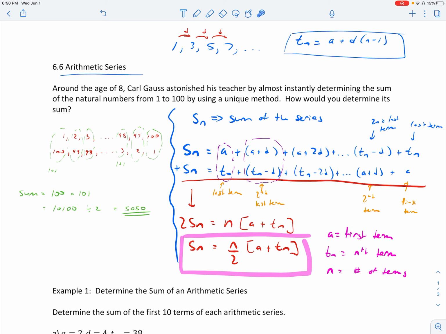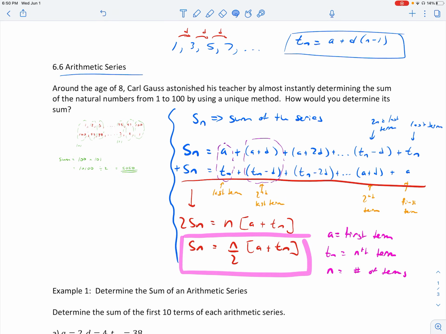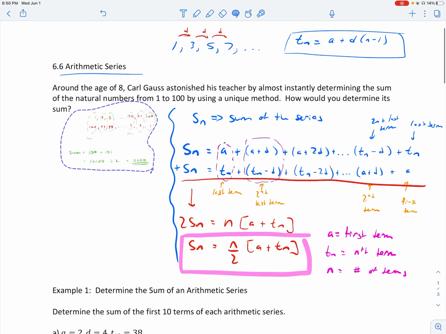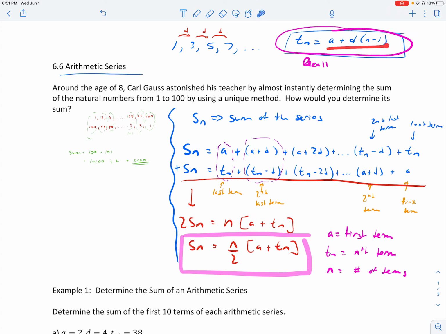Okay, the cool thing is because this is an arithmetic sequence or an arithmetic series, we can actually add a little more information here and come up with a second formula. So remember, I'm going to write that up here to say recall. Tn is equal to a plus d times n minus 1. So I could actually use that and plug that in here for Tn.